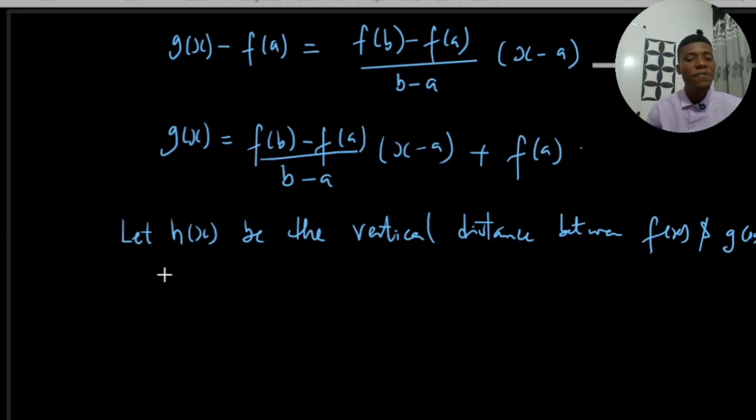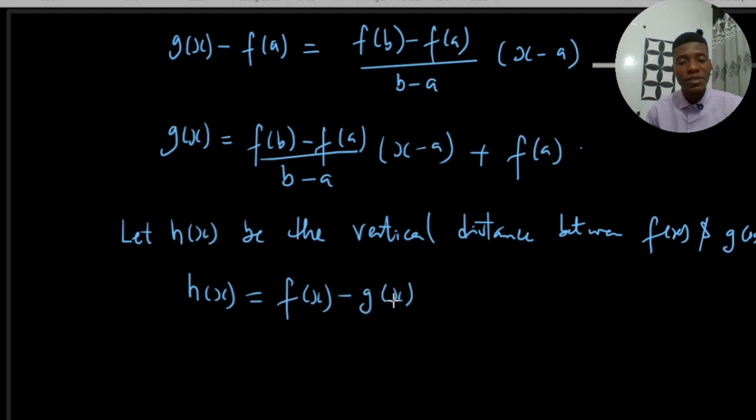So if h of x is the vertical distance between f of x and g of x, then h of x is the same thing as f of x minus g of x. From the graph, you should understand this. Since everything on the right hand side represents g of x, then we can substitute g of x here. We can replace this g of x by writing the right hand side of g of x here.